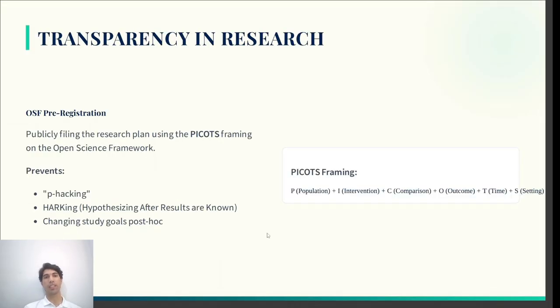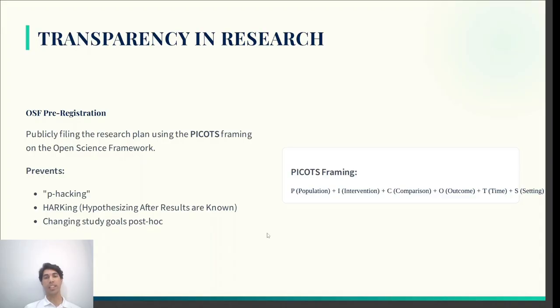Then we have the transparency in our research. Before we do any research or train any model, we have to publicly file the research plan or study plan on the Open Science Framework, OSF, pre-registration. What this does is it prevents p-hacking, and it also prevents hypothesizing after results are known.